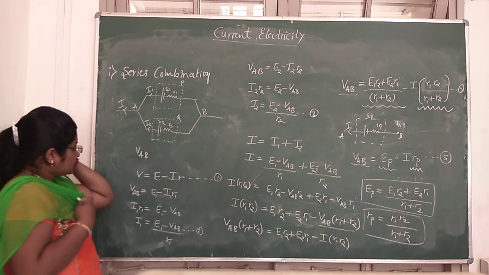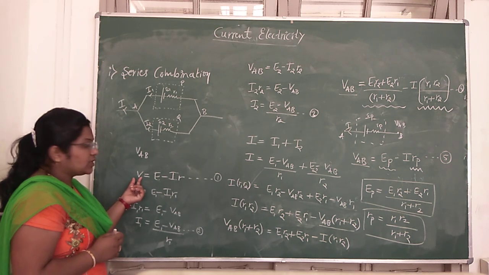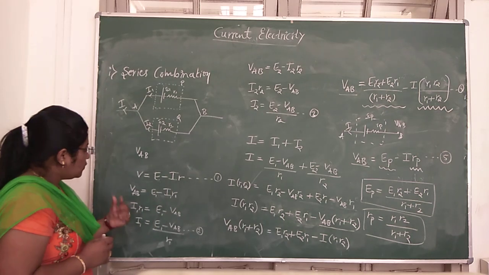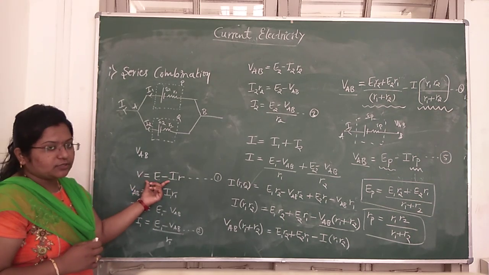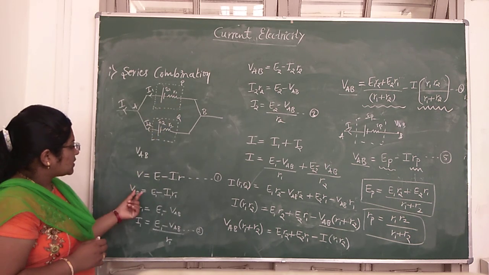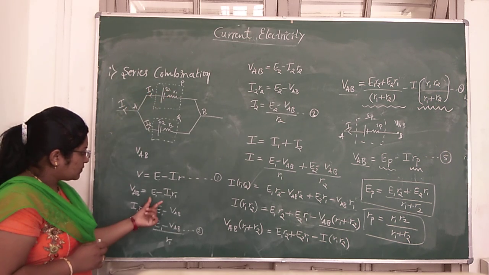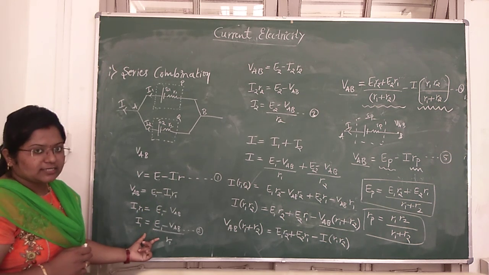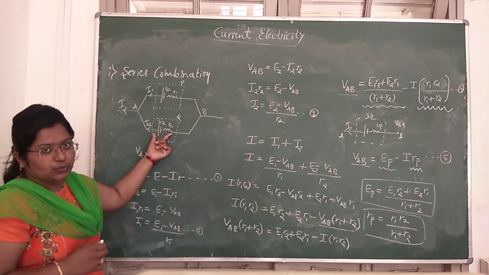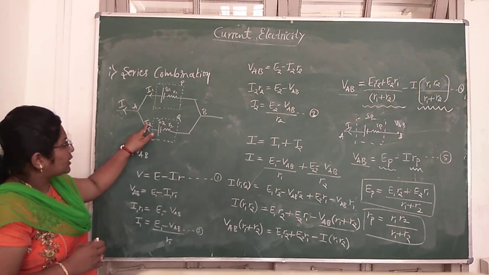Now apply the relation between EMF and terminal potential difference, that is V is equal to E minus IR. Applying this condition for the first cell P, VAB is equal to E1 minus I1 R1. By adjusting the terms, we got the expression for I1. Again, apply this condition for the second cell Q, that is VAB is equal to E2 minus I2 R2.